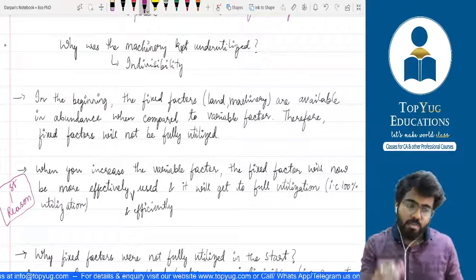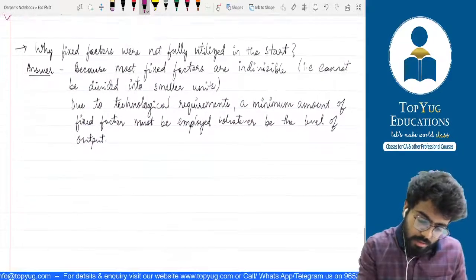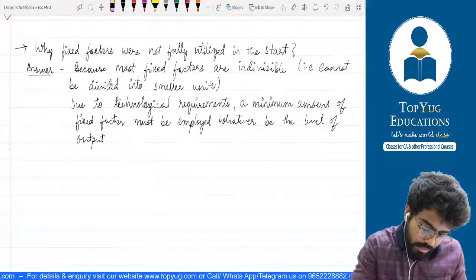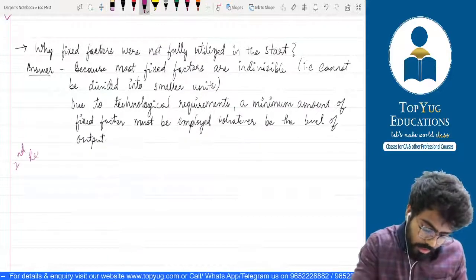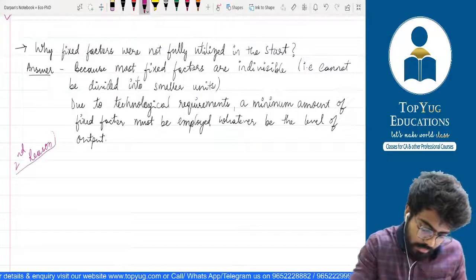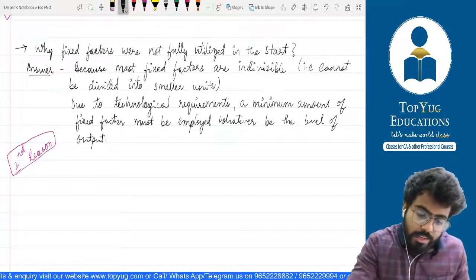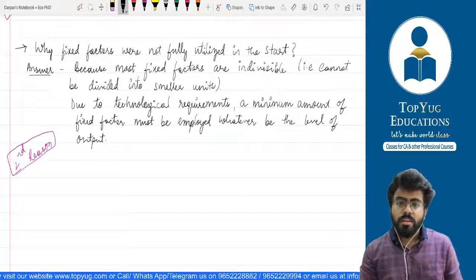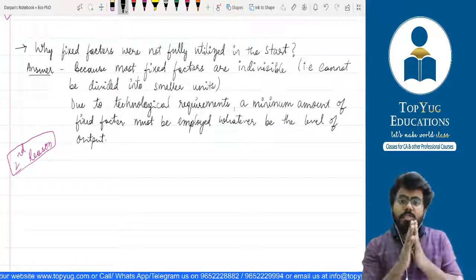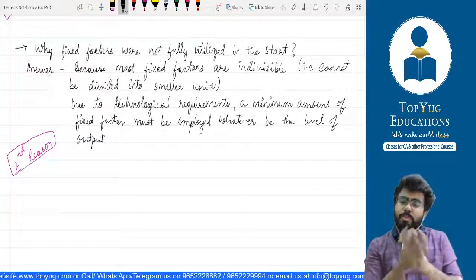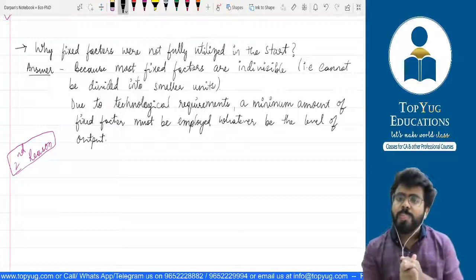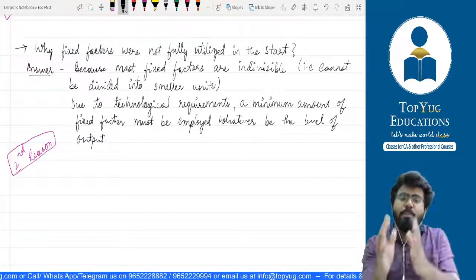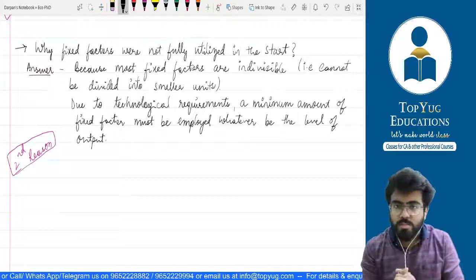Alright? There's another small reason, which is your second reason. So write down. Second reason for increasing returns is division of work and specialization. Correct? When we talked about specialization yesterday, when we talked about division of work, what did we say? We said that it is nothing but dividing your work into different specialized departments.